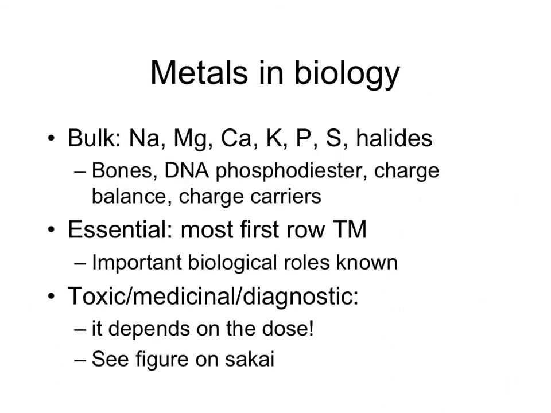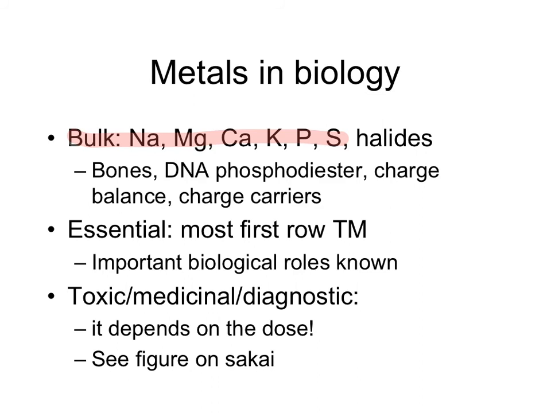The last topic for today is just to think about metals in biology. Metals have a lot of different roles. There's the bulk metals, which are the ones like sodium, potassium, phosphorus, sulfur, halides. These are found in bones and your phosphate diester DNA backbone, also for charge balance, charge carriers in the cytoplasm.